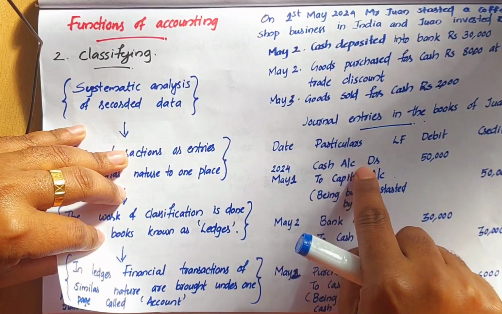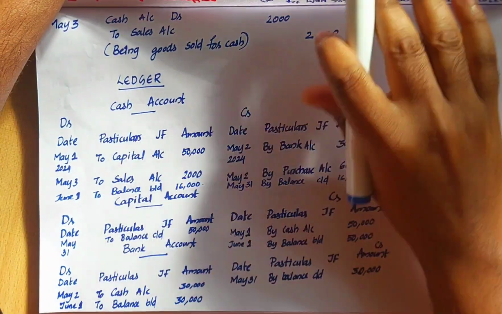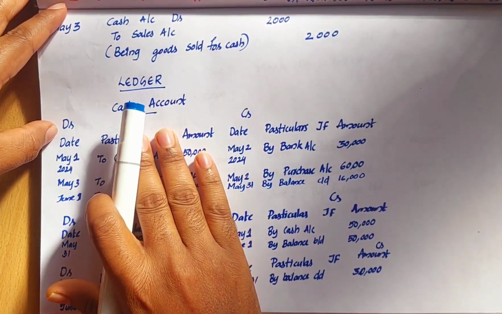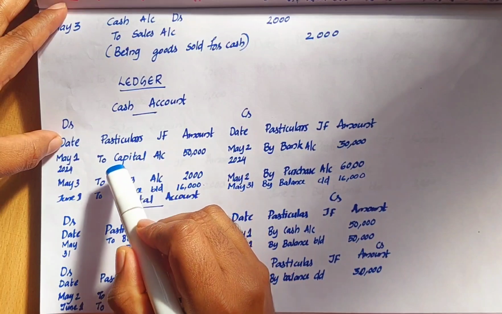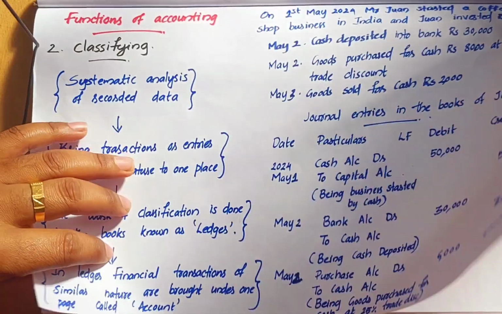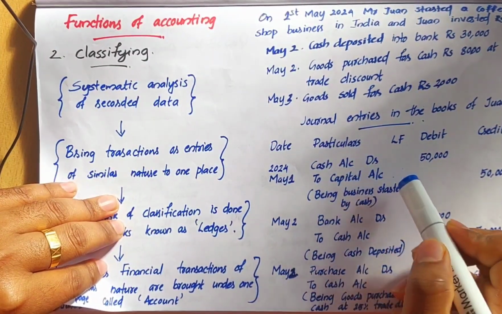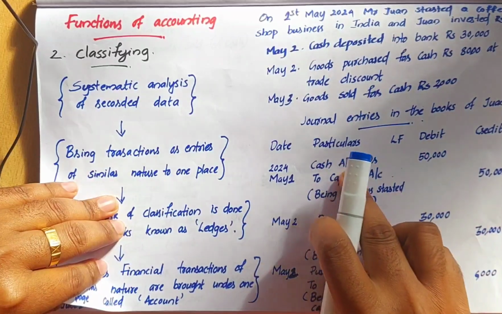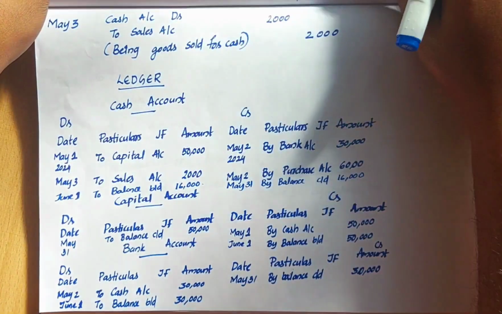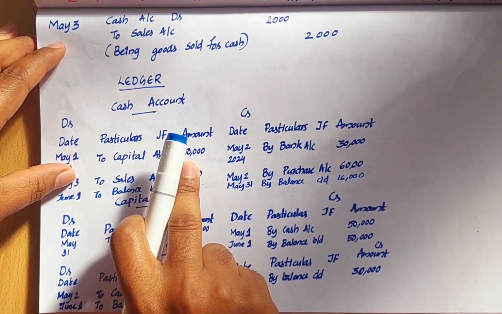So in the ledger we need to come to the debit side of the ledger and we need to enter to capital account 50,000. So the full journal entry is cash account debited to capital account 50,000. Cash account is debiting, so we need to go to the debit side of the ledger and write to capital account 50,000.